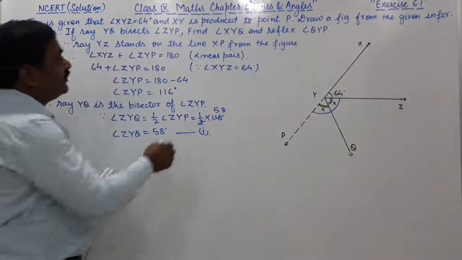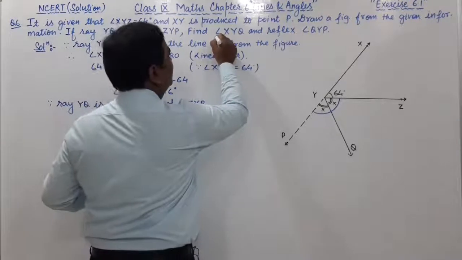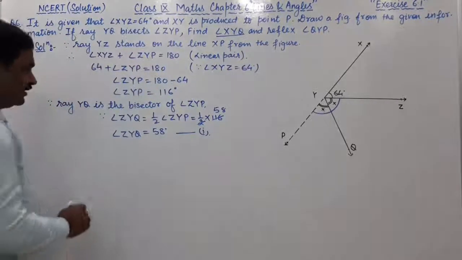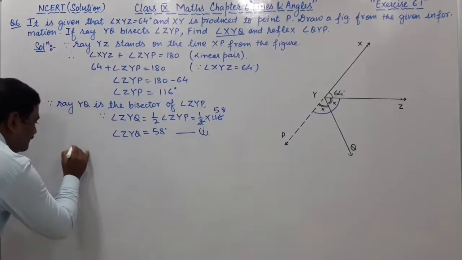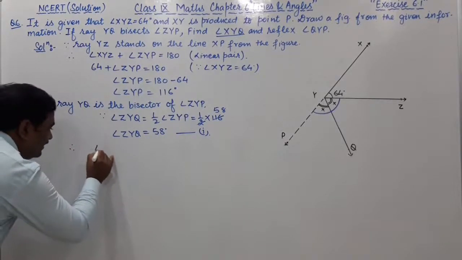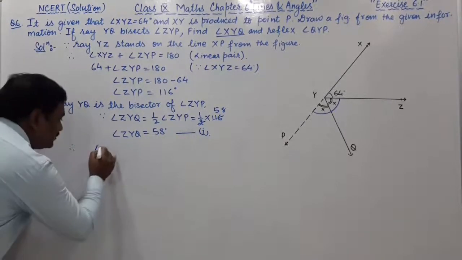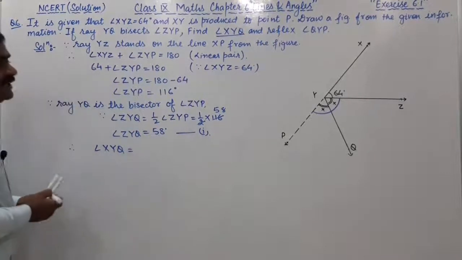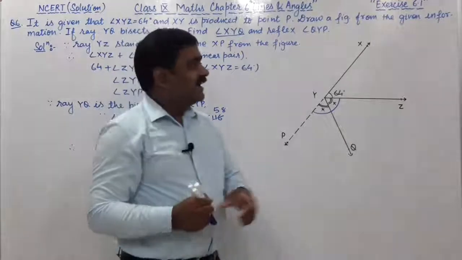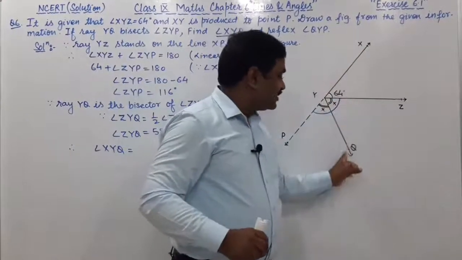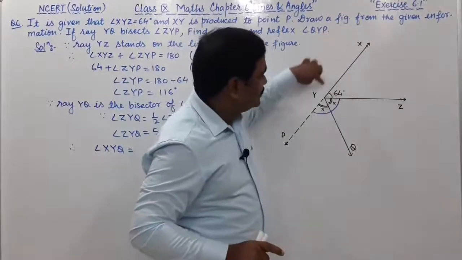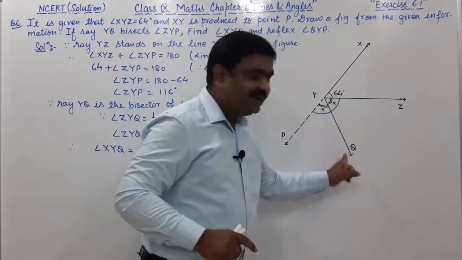Now first thing we have to find out is the measure of angle XYQ. So let us find out. Measure of angle XYQ is equal to, now let us see, where is XYQ? XYQ is this angle, and this angle consists of these two angles: XYZ and ZYQ.